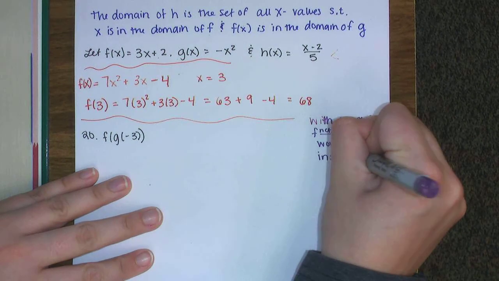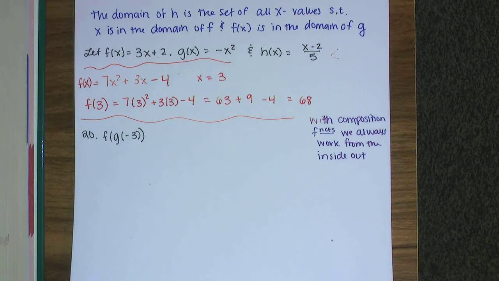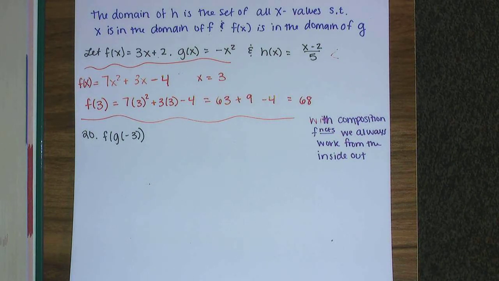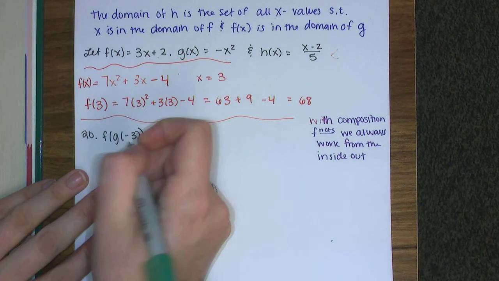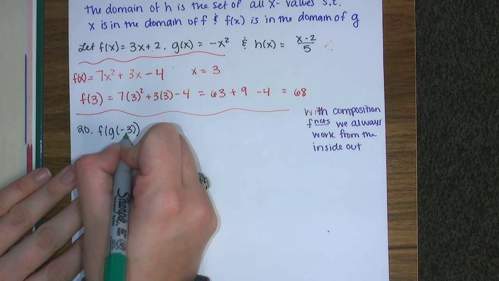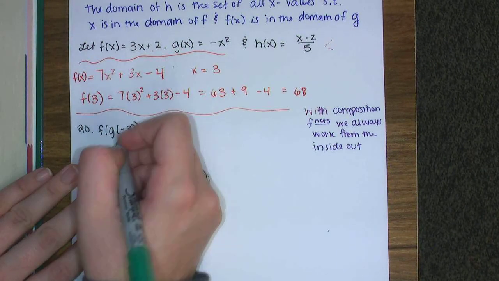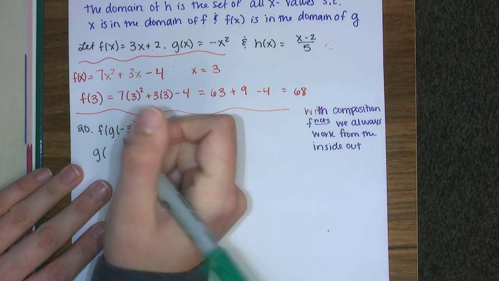Okay, g of x is negative x squared. And with g of x, they want us to plug in negative 3. So negative 3 is going in for x in g of x. So g of negative 3 is negative and then negative 3 squared. This is really important, pay attention to your signs here and why I'm using parentheses.